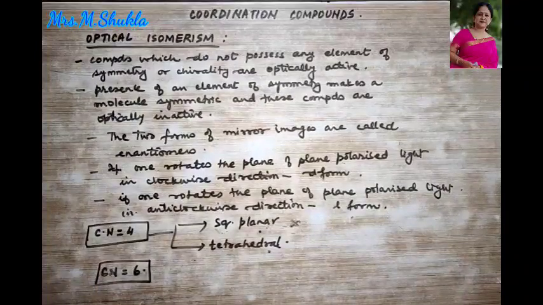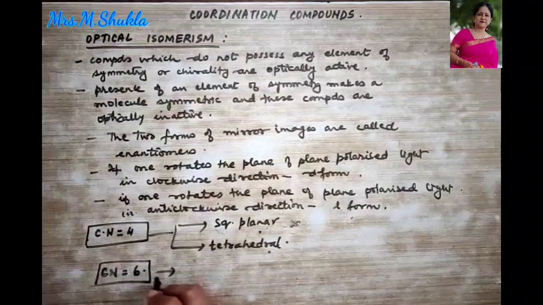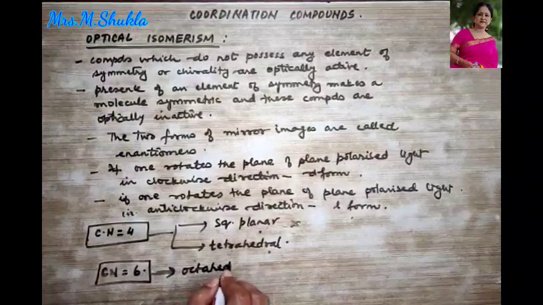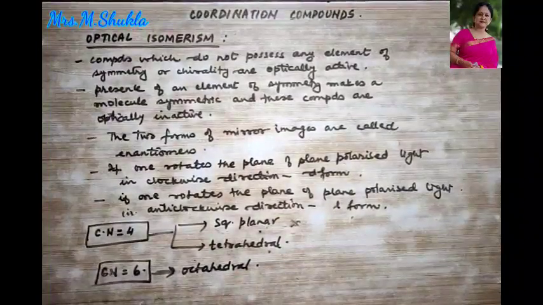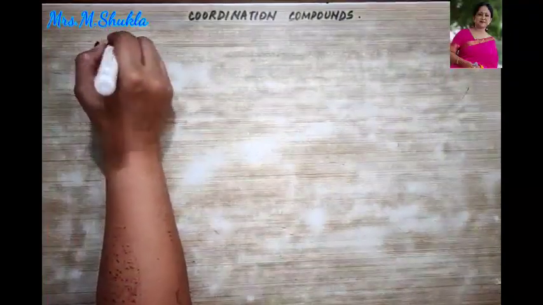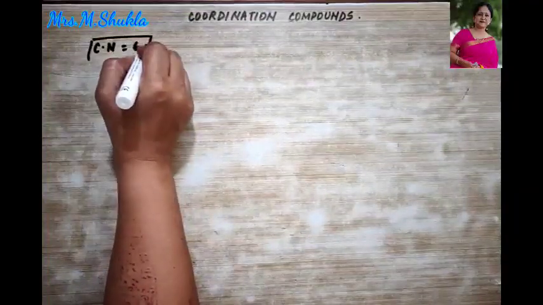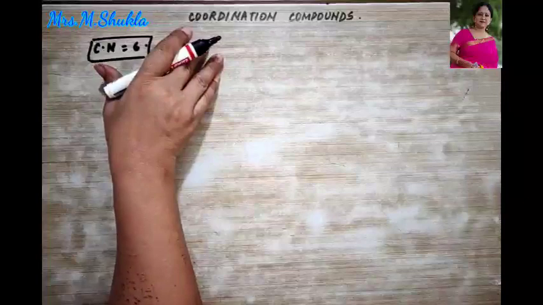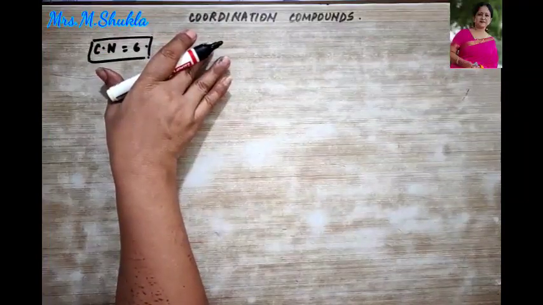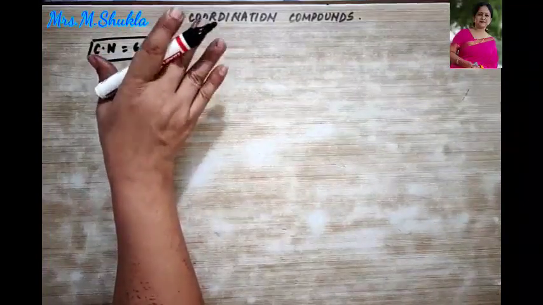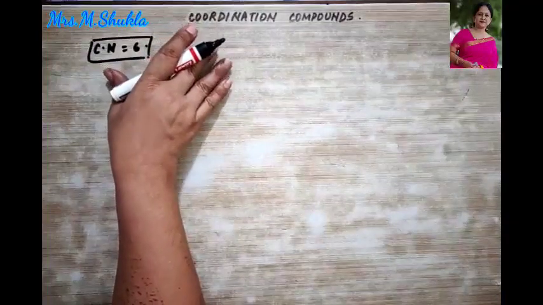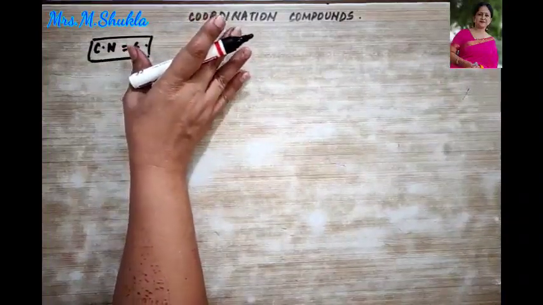Okay. So if it is a 6 coordination number, then we are discussing octahedral structure. Let us talk about those complexes whose coordination number is 6. So over here you should remember that the octahedral complexes containing one or more chiral ligands show optical isomers. Okay.